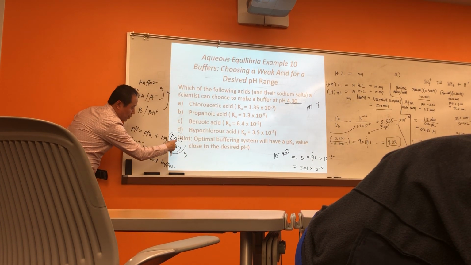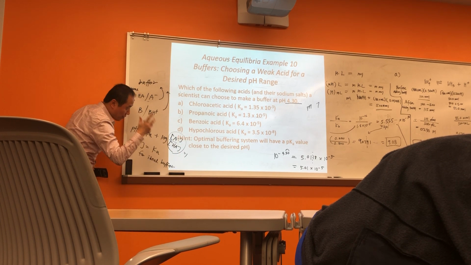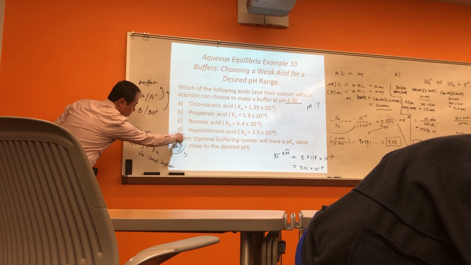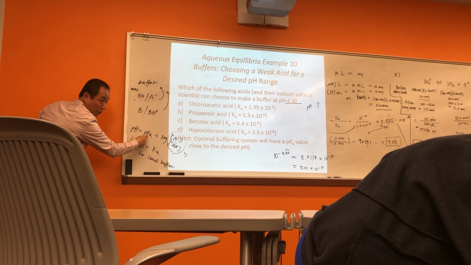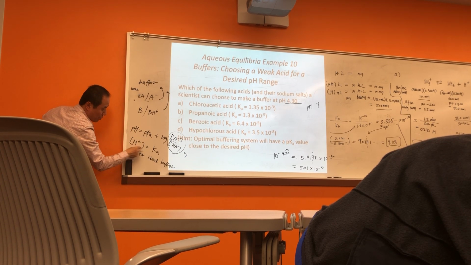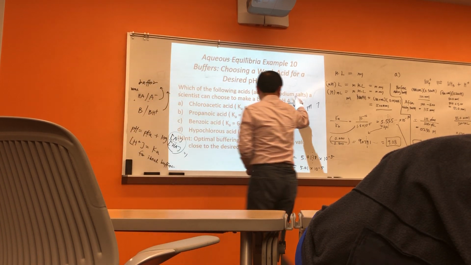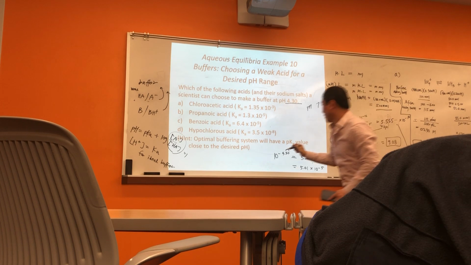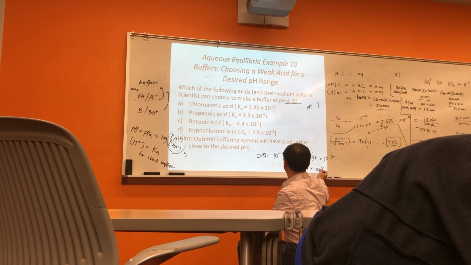An ideal buffer is when you have the same concentration of both of them, right? Because then the ratio is just log 1, which means for an ideal buffer the two concentrations should be equal. That means the hydrogen concentration will be equal to the Ka value. Because we are given pH, from pH you can calculate the H plus concentration with this formula.